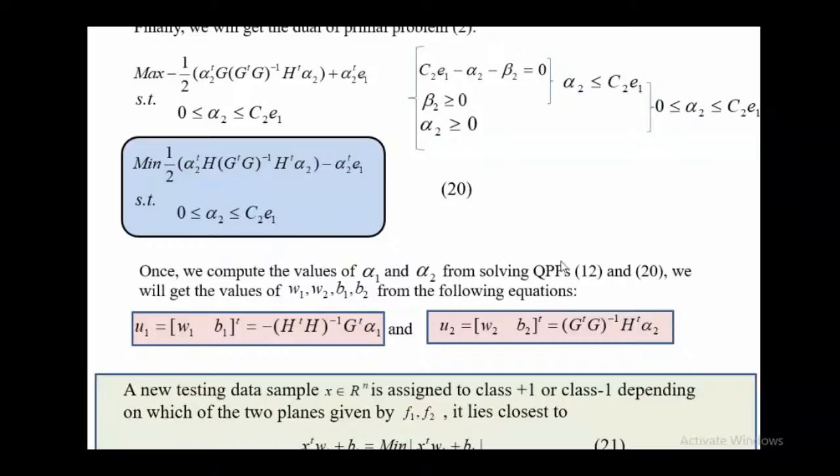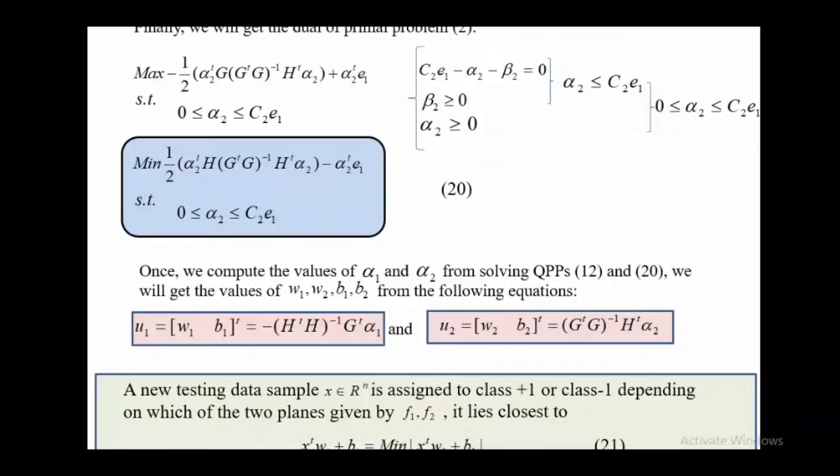If the testing sample is near the F2 hyperplane, the class will be -1. In this manner you can find the class label of any testing sample. Ultimately, we just calculate the distance from each hyperplane.